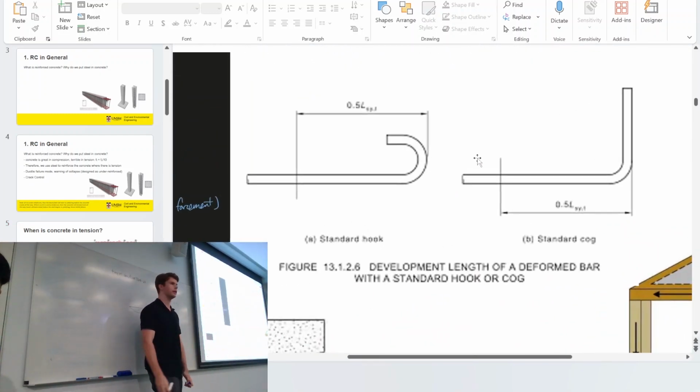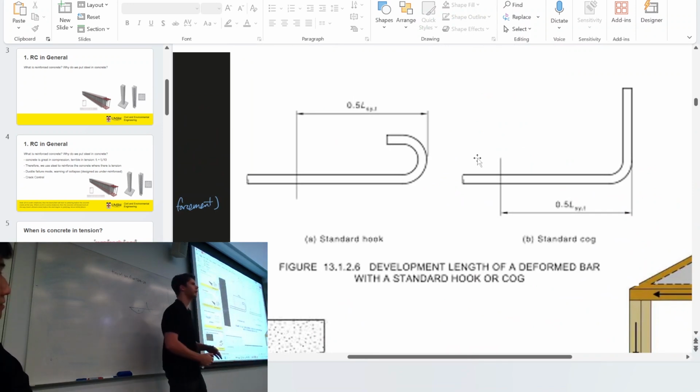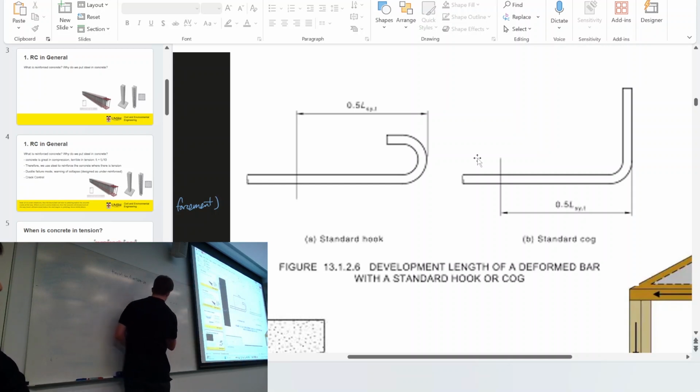And then another main thing, when we look at reinforcement in concrete, is in order to engage that reinforcement. I could have a concrete beam like this, supported over here, with tension down here. I put my rebar down here because it bends like this.